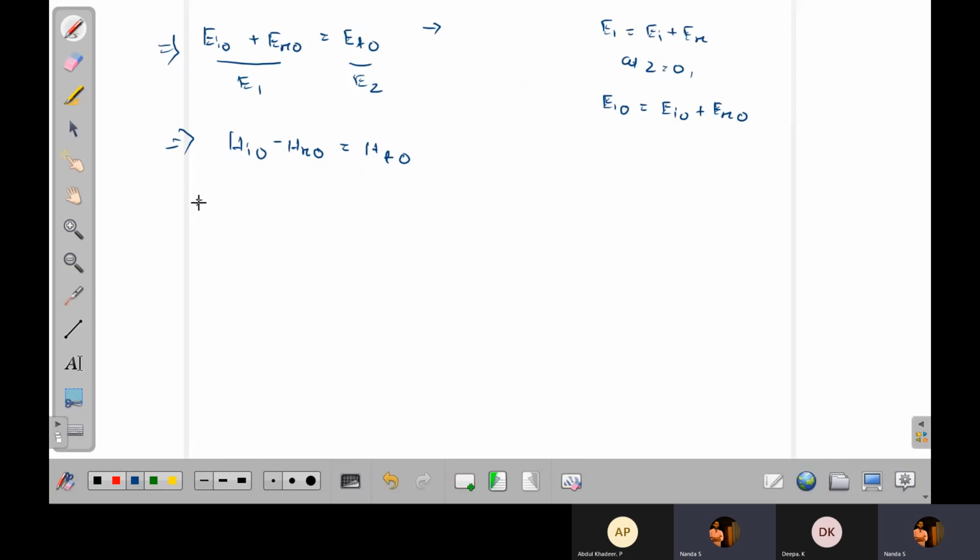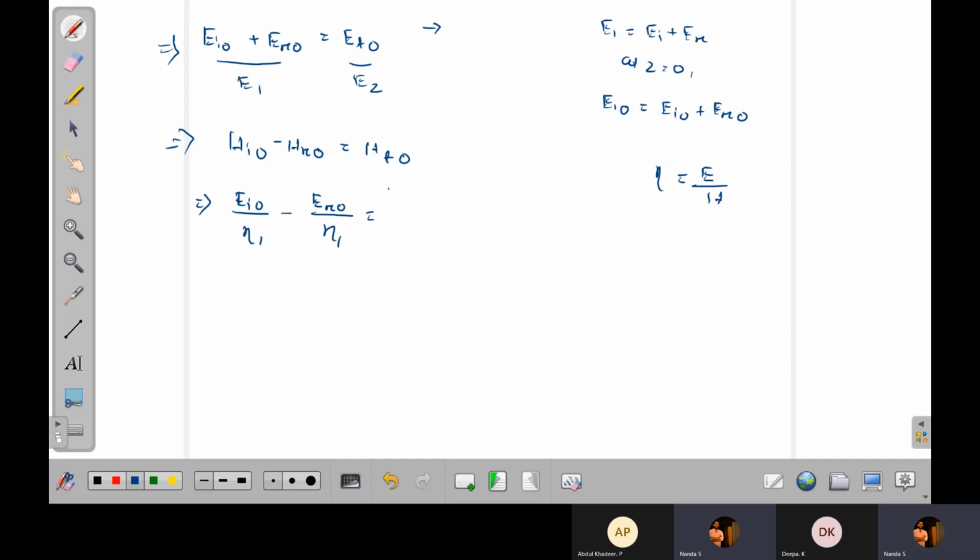Okay. Now H can be written using eta equals E by H. With this relation we can write this as EI0 by eta 1 minus ER0 divided by eta 1. So this incident and reflected are in medium 1. Here the impedance will remain the same, eta 1 for the incident and eta 1 for the reflected also.